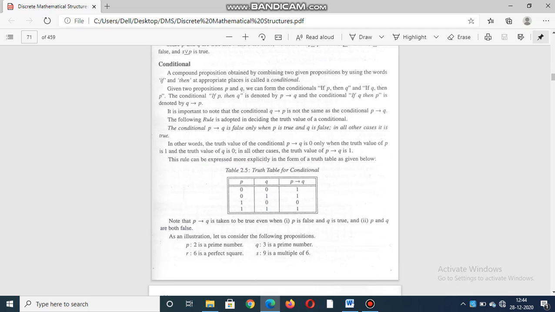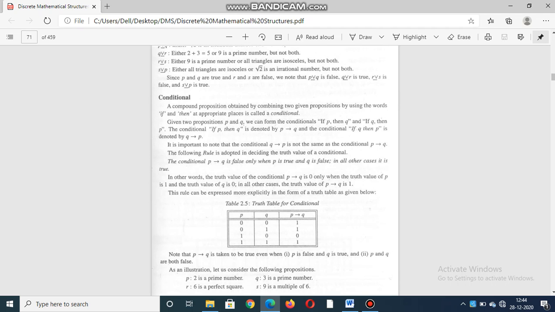Next we go for the conditional. How does it work? For example, if you observe here P and Q, if P is 1 and Q is 0, that input, P implies Q, in the sense 1 implies 0, at that time the output is 0.